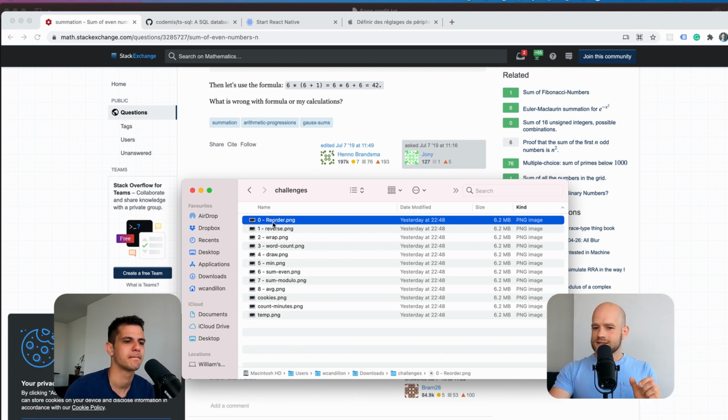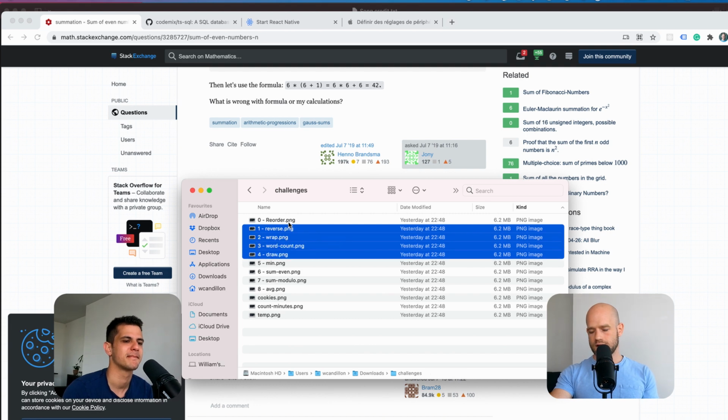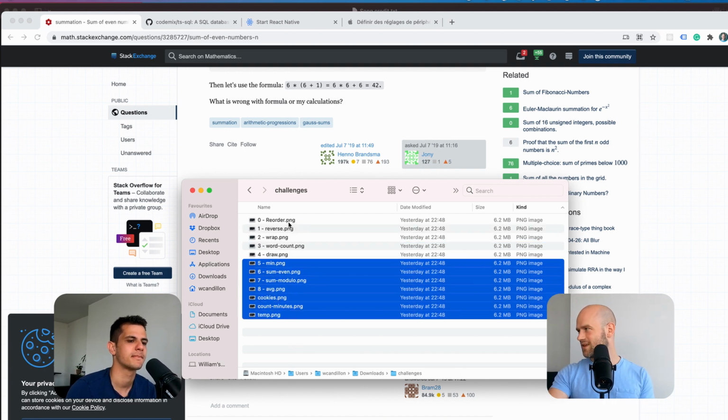Reorder is mostly string manipulation, but needs a tiny bit of arithmetic. Reverse, wrap, word count, and draw are only string manipulation, and these are arithmetic. I'm struggling on the first one for sure, but I'm looking forward to seeing your magic now.